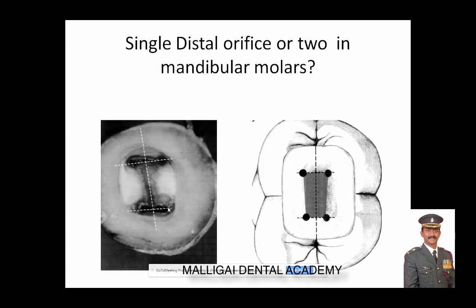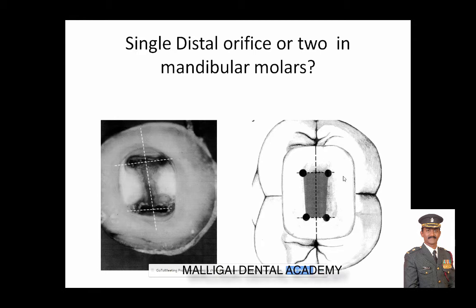Coming to the distal. In the distal, many a times you find a single oval large orifice which gives us an inkling that this could be a single orifice in the mandibular molar. If you have a small rounded orifice, look at image 2, on one side of the imaginary line bisecting the tooth mesiodistally, you are sure to find another orifice on the lingual side of this line equidistant from the line as is the distal buccal.